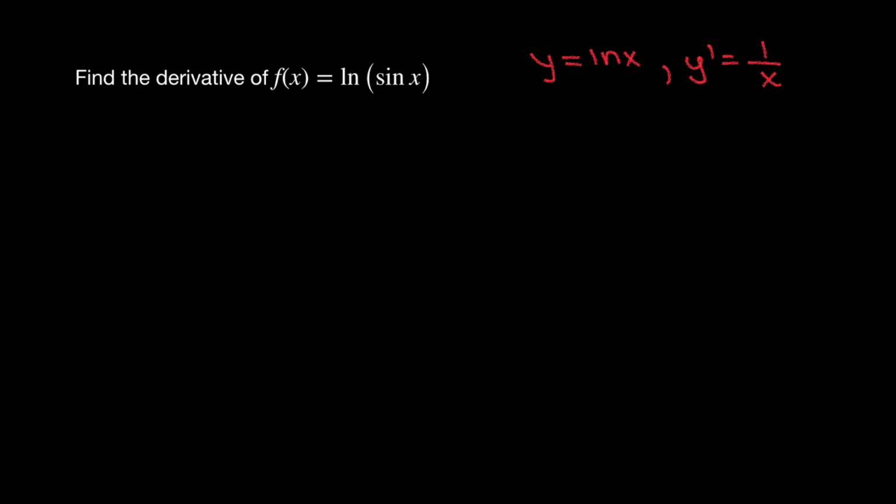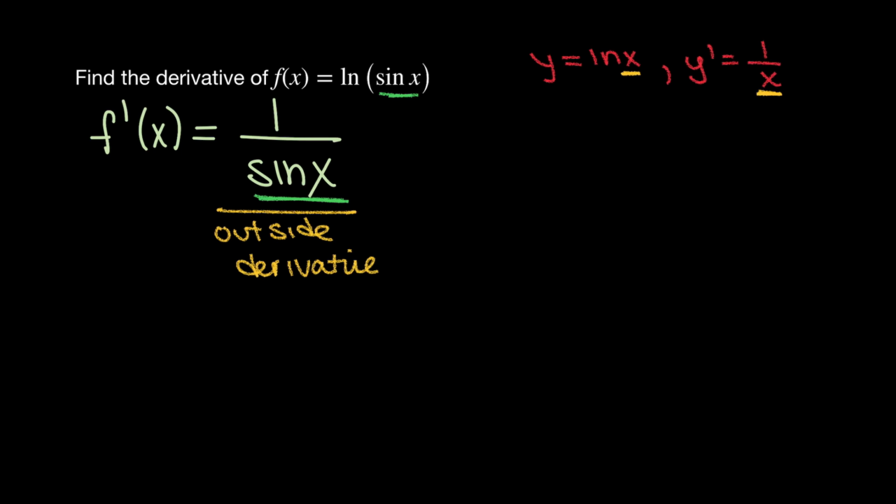And so we just learned that the derivative of natural log of x is 1 over x. So if I want to use my chain rule on this, my outside function is my natural log. Instead of natural log of x, I have natural log of sine of x. So this outside derivative is going to become 1 over sine of x, kind of like my 1 over x.